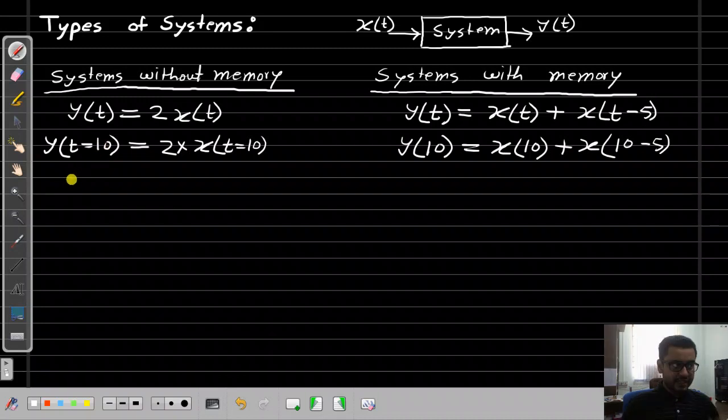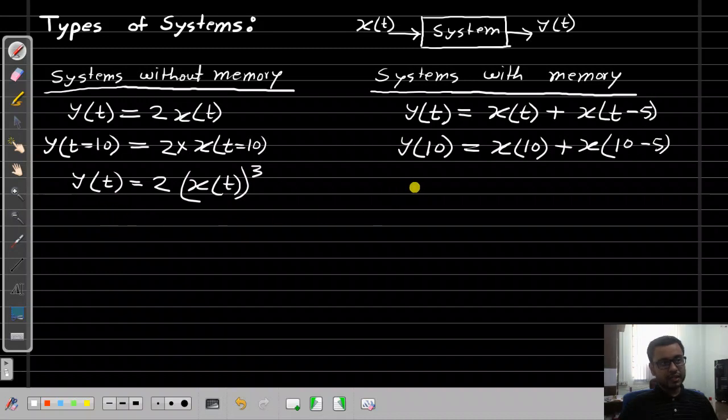Let us see some more examples, like output y(t) given by 2x(t) cube. Again, this is a memoryless system.